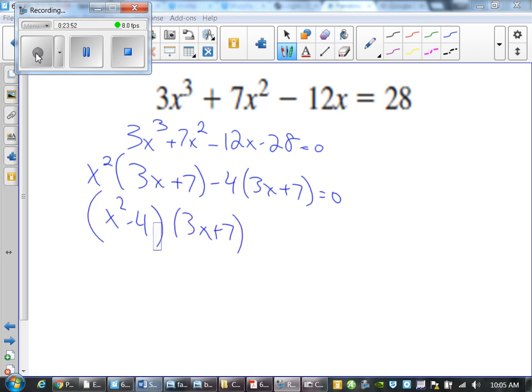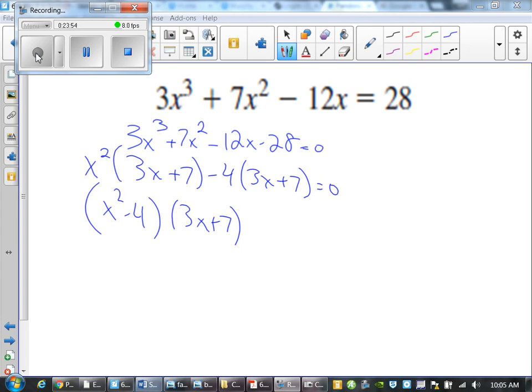One of the tricks when you're working with grouping: the first parenthesis you get, once you get that GCF out, the second one should look exactly like it. Otherwise, you're doing it wrong. I did it wrong. Plus or minus 2 or negative 7/3. I keep forgetting the plus or minus.